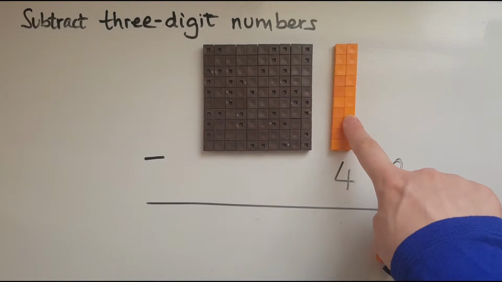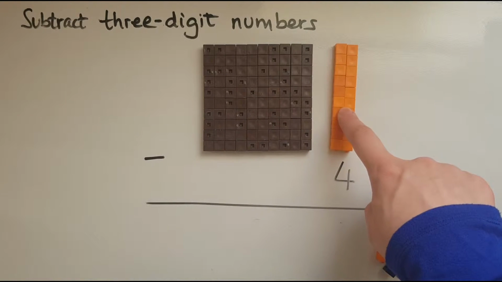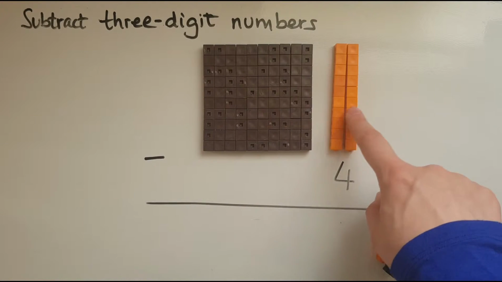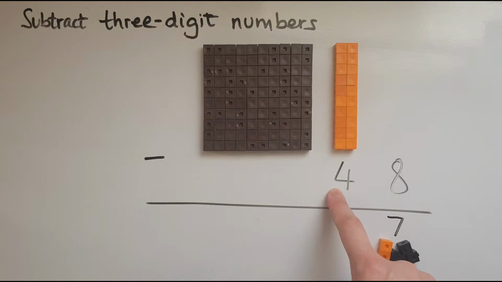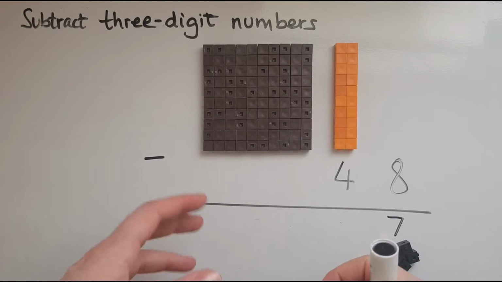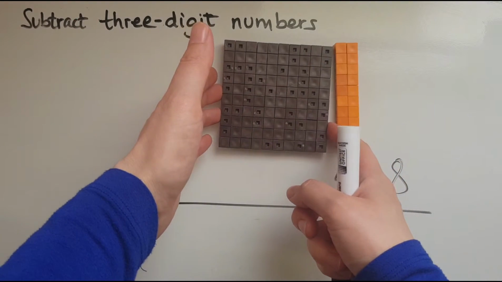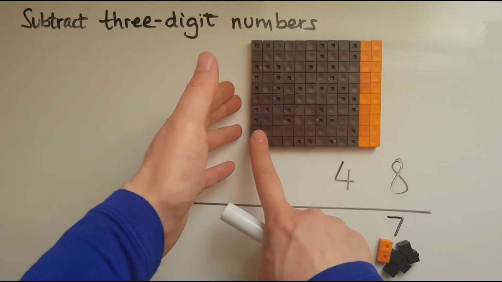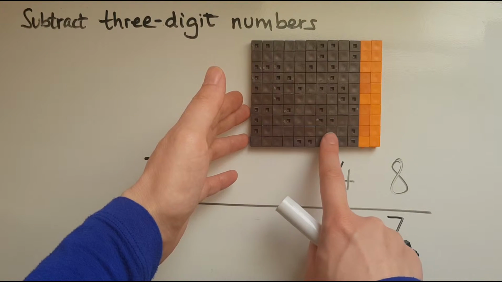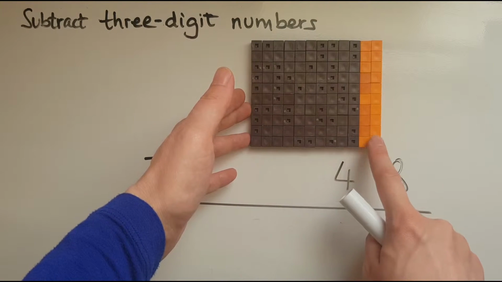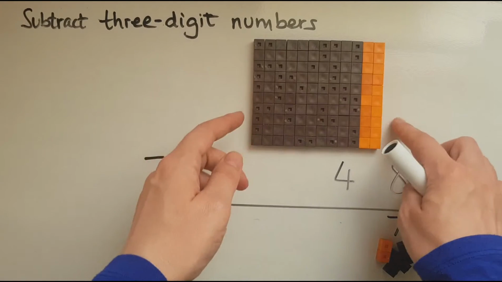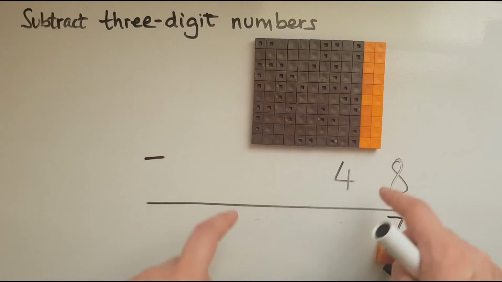Now those 3 that we had here have become 2. So I've got 2, I need to take away 4 from it. So I can't really do that. For that reason, I borrow a lot of the hundreds, which makes 1, 2, 3, 4, 5, 6, 7, 8, 9, 10 tens, and the 2 makes 12. So it was 2, it has become 12.